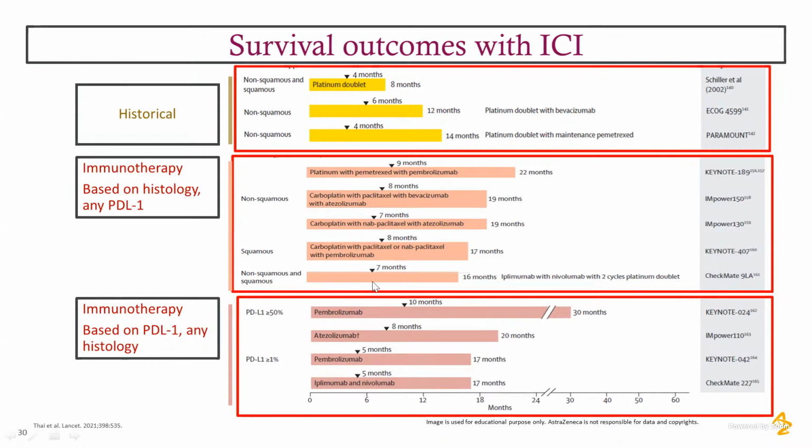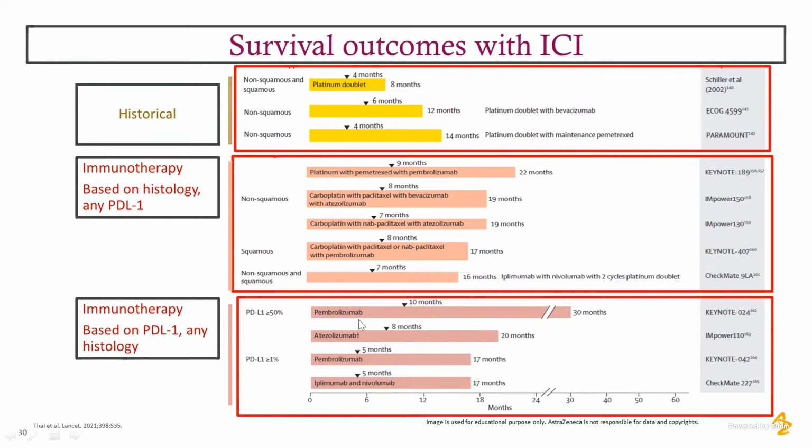Non-squamous cell and squamous cell carcinoma, ipilimumab with nivolumab with 2 cycles of the platinum doublet chemotherapy, overall survival was 16 months.